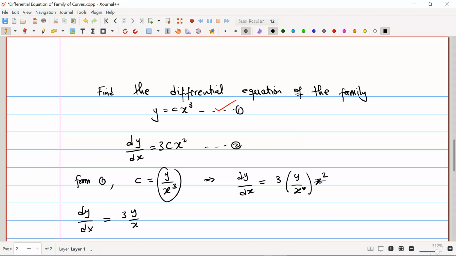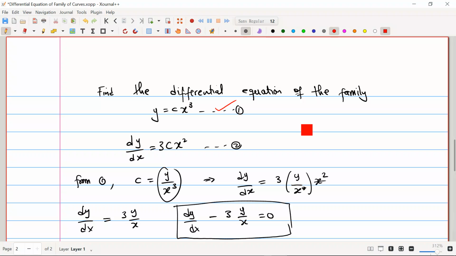This is our differential equation, or you can say dy/dx minus 3y over x is equal to 0. That's the differential equation we are looking for that has this family. Or in the other representation you have y' minus (3/x)y is equal to 0. That is the differential equation we are after.